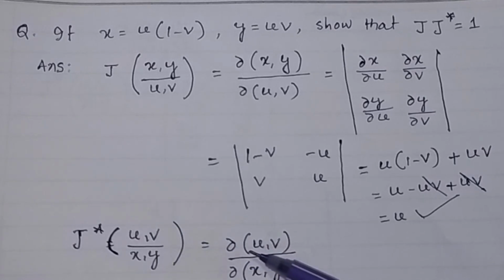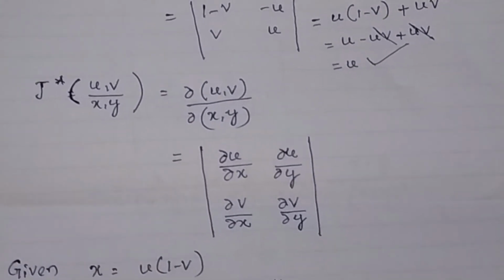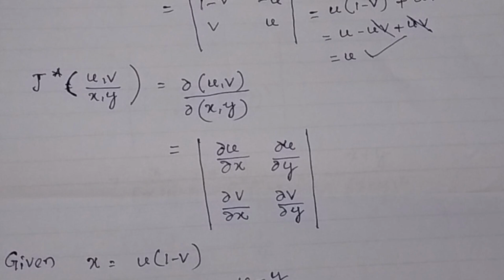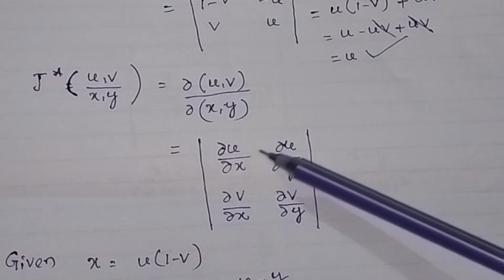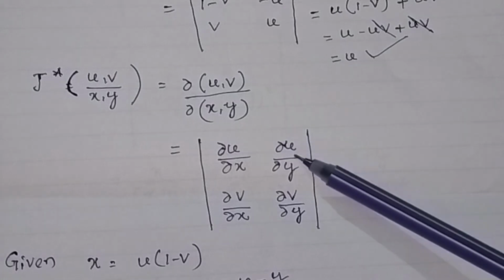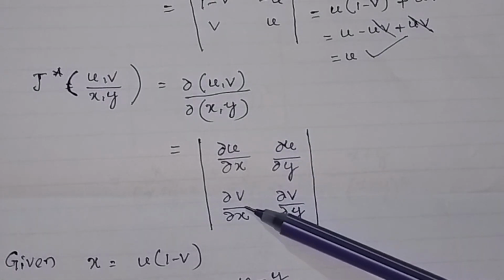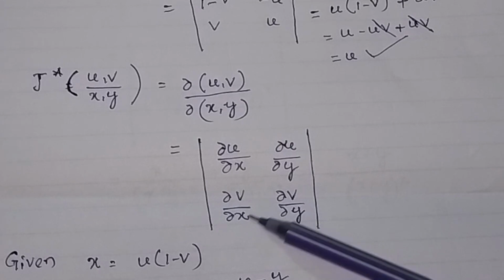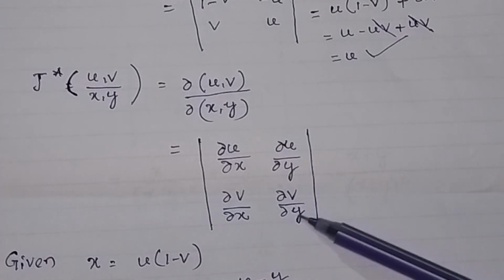In determinant form, this can be written as the determinant of partial derivative of u with respect to x, partial derivative of u with respect to y, partial derivative of v with respect to x, and partial derivative of v with respect to y.